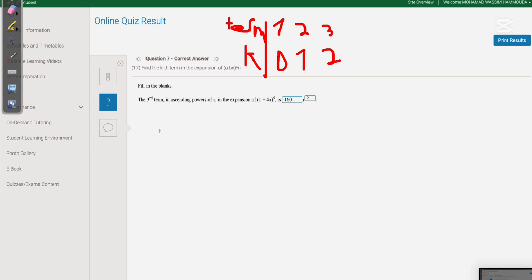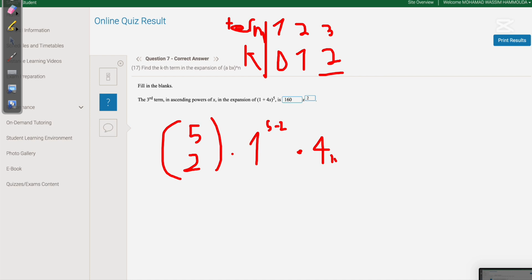So we have, as we said, the rule is 5 C k, which we found to be 5 C 2 times 1 to the power of 5 minus 2 times 4x to the power of 2, if I'm not wrong.